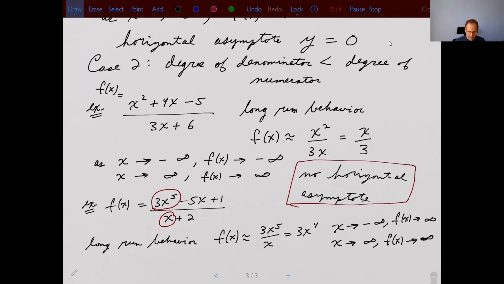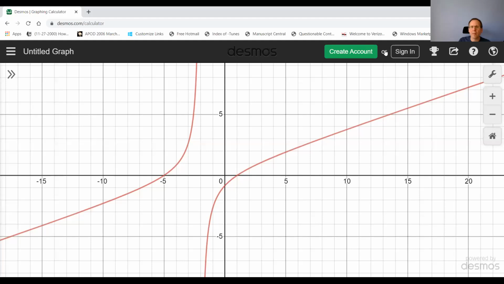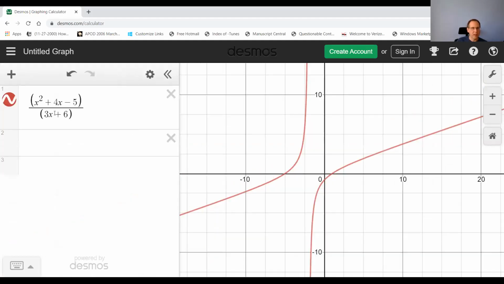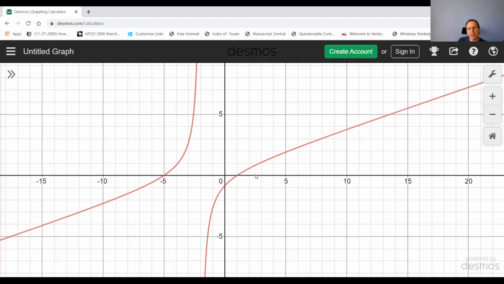Let me plot these two functions just to show you what these look like. Okay, so this was that first function. It was x squared plus 4x minus 5 over 3x plus 6. So again, the degree of the denominator was less than the degree of the numerator. And what happens? Well, as x gets larger and larger, the function is also growing towards infinity.